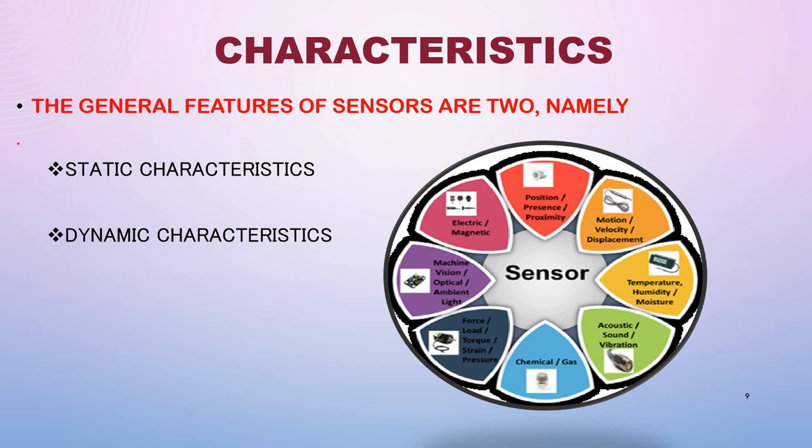So coming to the characteristics, the general features of sensors are of two. They are mainly static characteristics and dynamic characteristics.